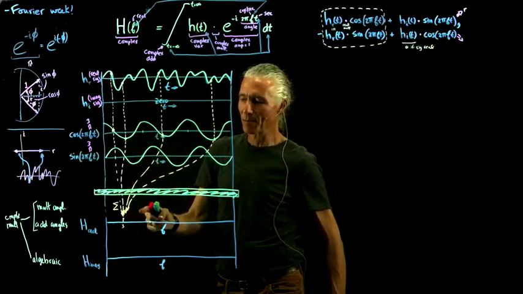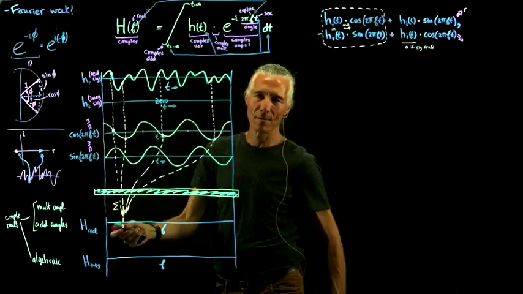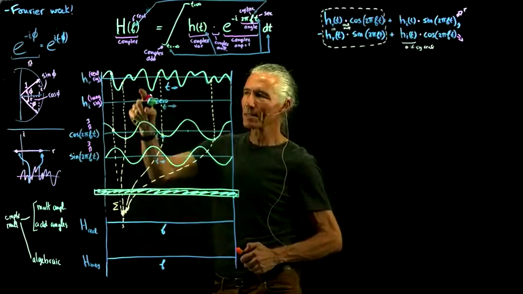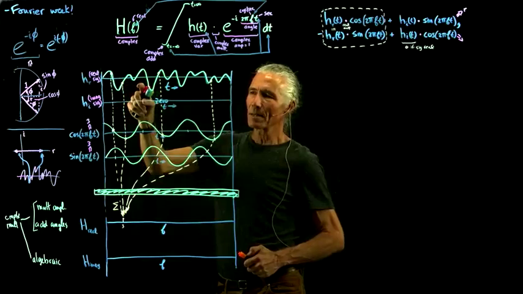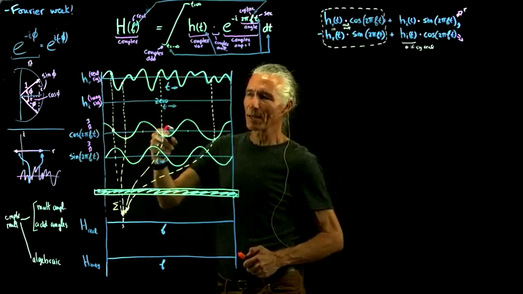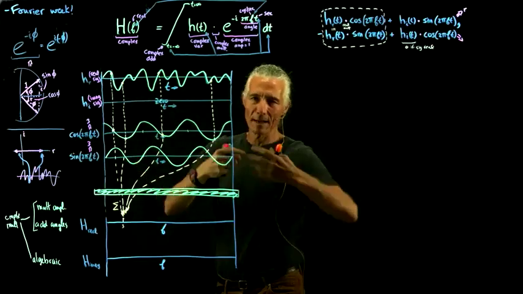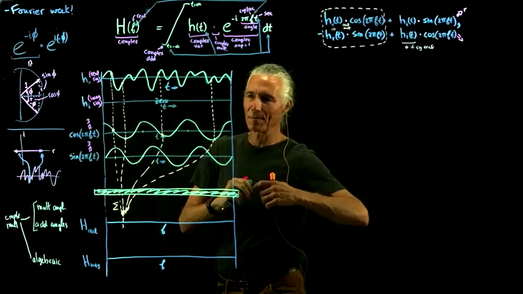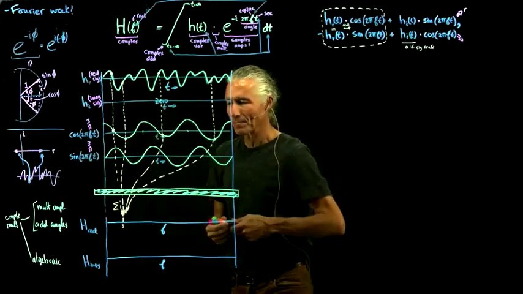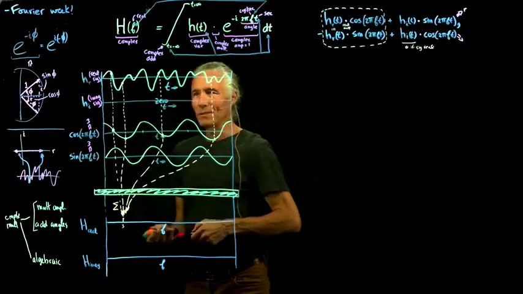So that's the meaning of the real part of the Fourier transform. How much does this particular signal correlate with a cosine of 3 bumps? And it could be positive or negative. If it looks like an upside down cosine, it could be negative. So that's good for the first part.